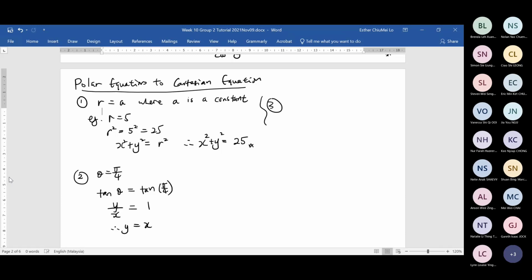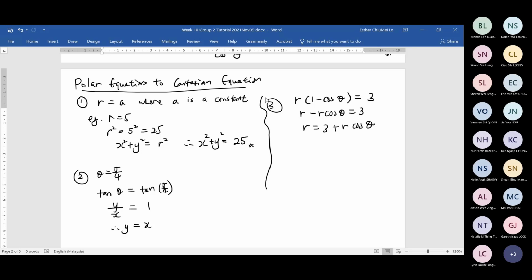Another one, say they give you r(1 minus cos theta) equals 3. So what we can do here is expand, so you get r minus r cos theta equals 3. Then r equals, putting this on the other side, 3 plus r cos theta.